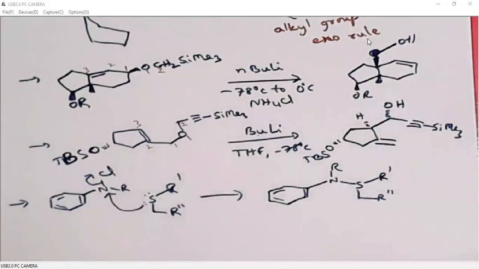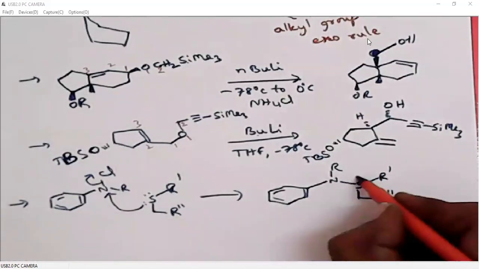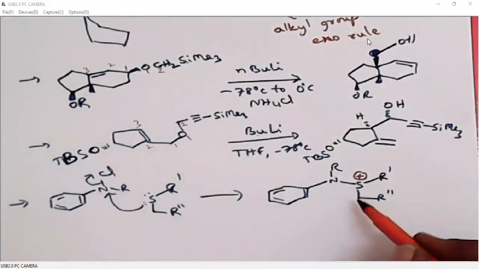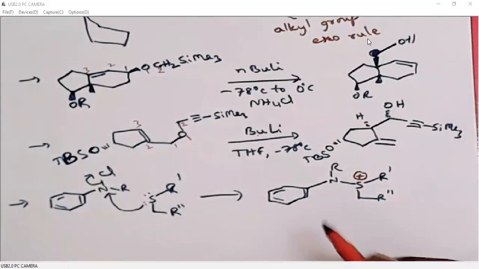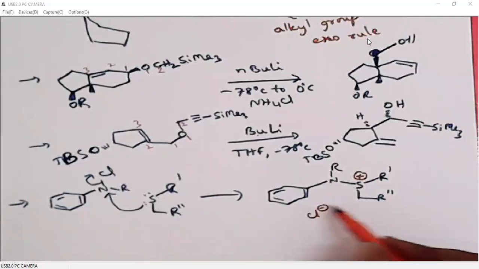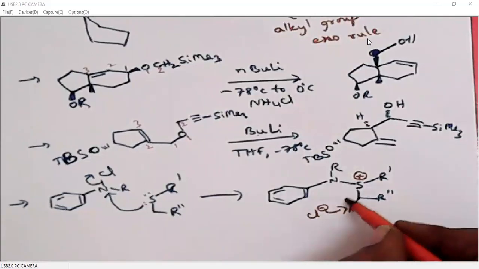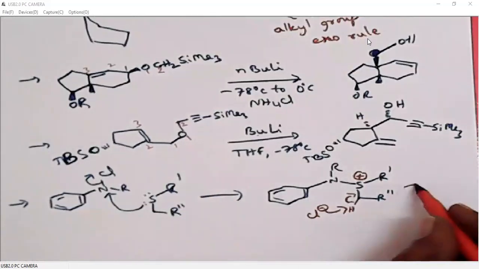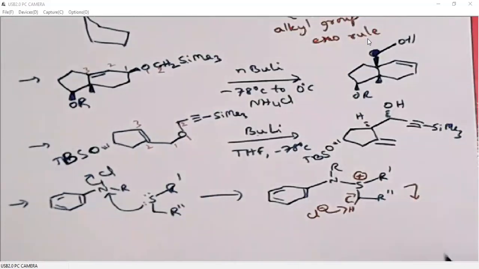Because sulfur is donating electrons, it gains the positive charge. When sulfur is positively charged, the next carbon is an acidic carbon, so the protons on this carbon can be easily picked up. The Cl minus which is leaving now will pick up this proton and then generates the halide required for 2, 3 sigmatropic rearrangement.